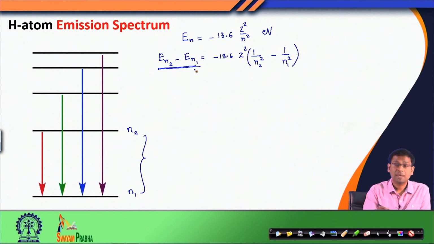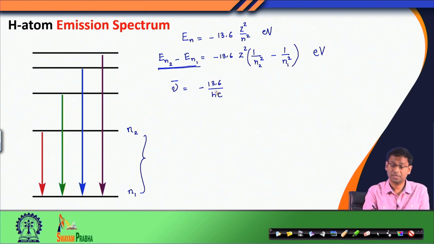When I am talking about the emission spectrum, instead of expressing this in electron volt unit, I would be interested in expressing it in terms of wave number. So, in this case, I would simply divide this expression by hc, where h is the Planck's constant and c is the speed of light.